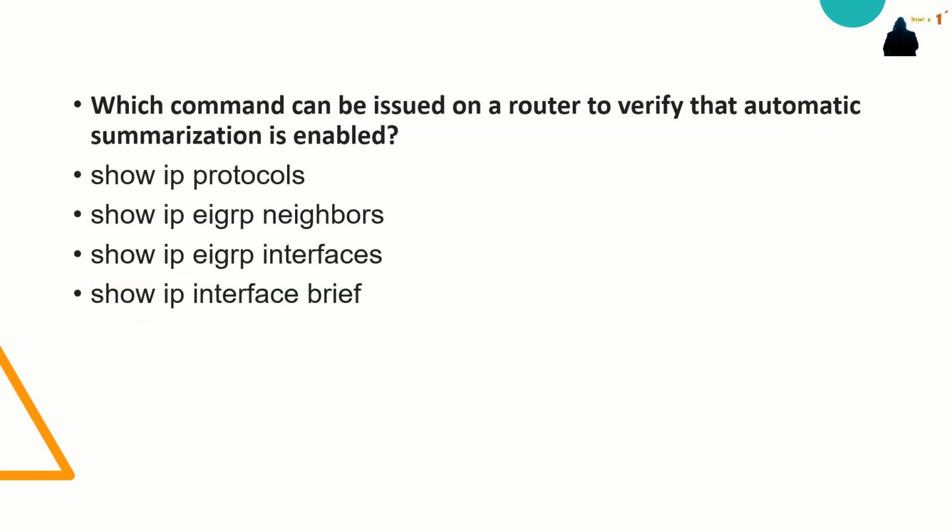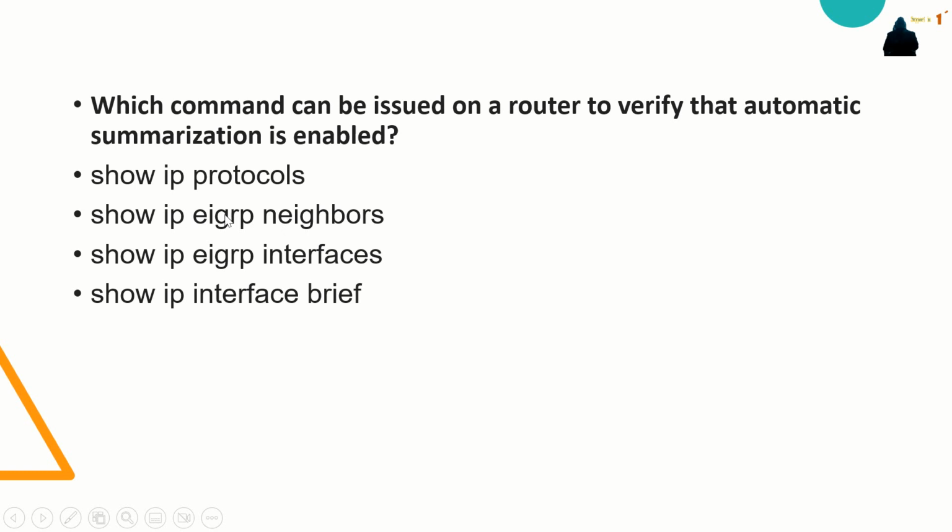Which command can be issued on a router to verify that automatic summarization is enabled? To verify if automatic summarization is being performed on a router, issue show IP protocols.